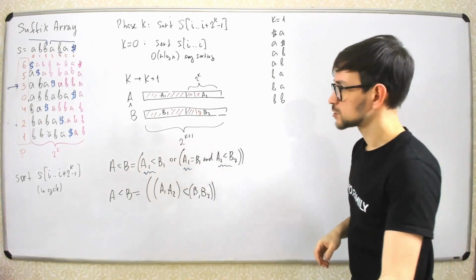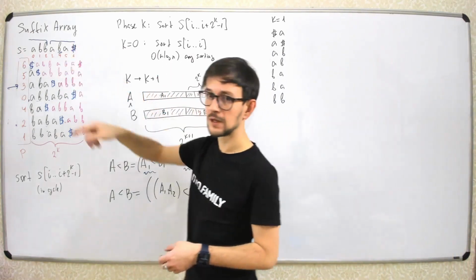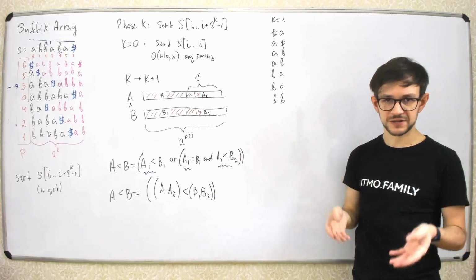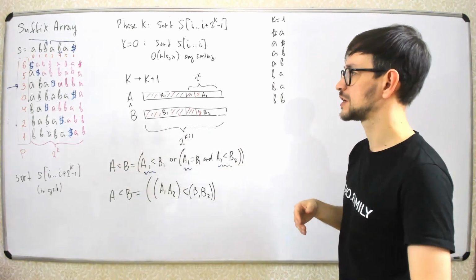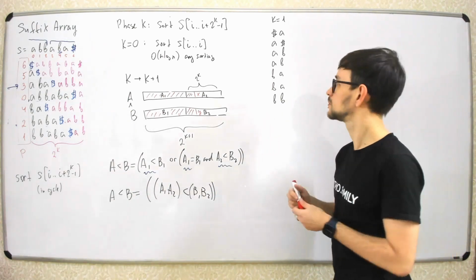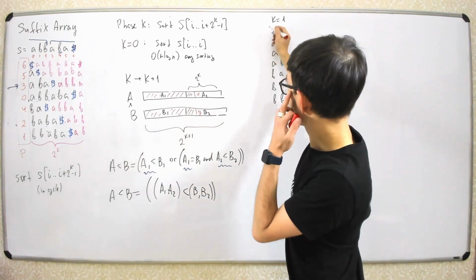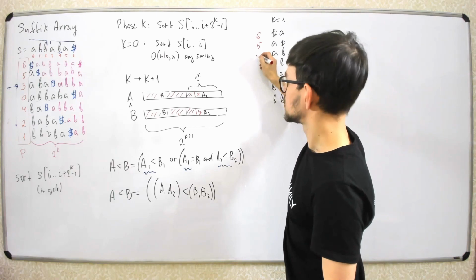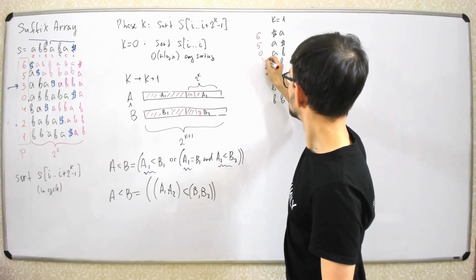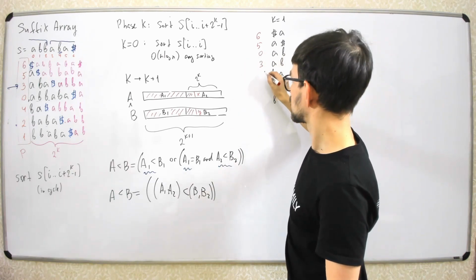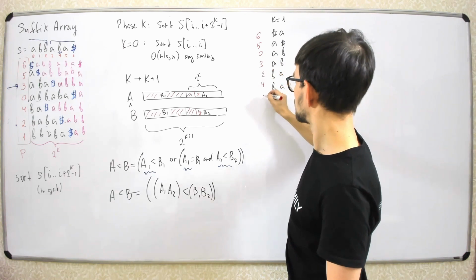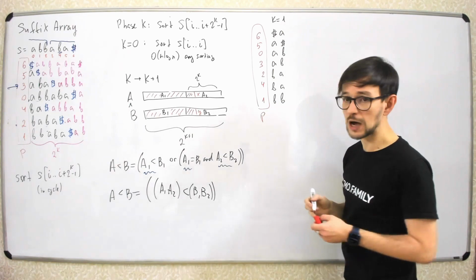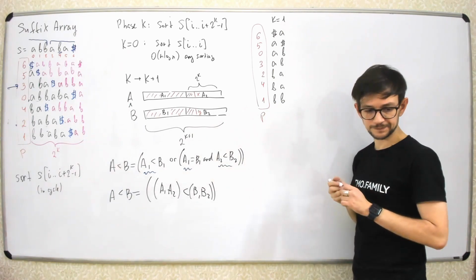After phase 1, we have this array. It will not be an array of strings, it will be an array of indices, but it doesn't matter. So we have this array P, basically 6, 5, something like 0, 3, 2, 4, and 1, something like that. So after phase 1, we have this array P.